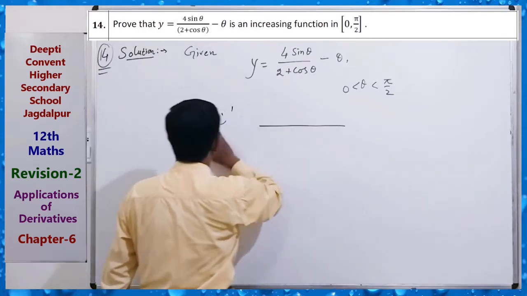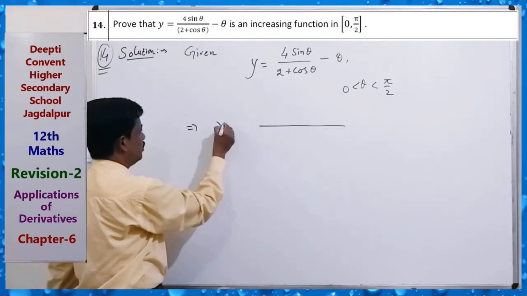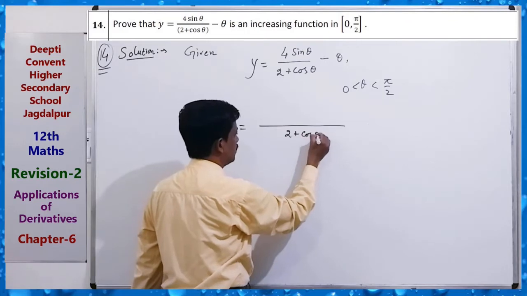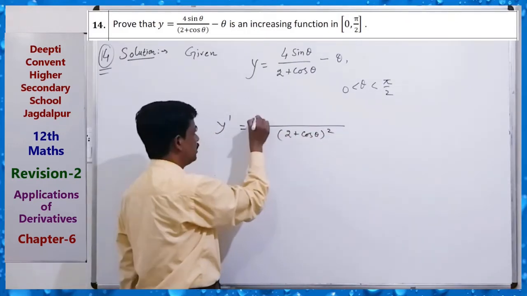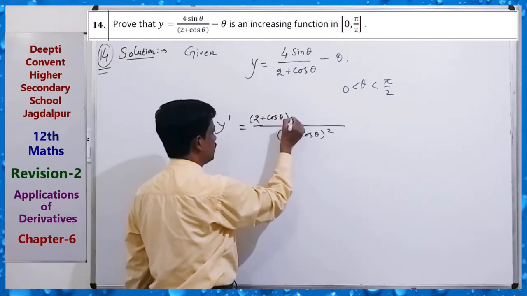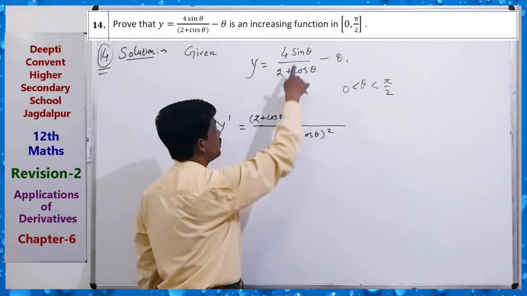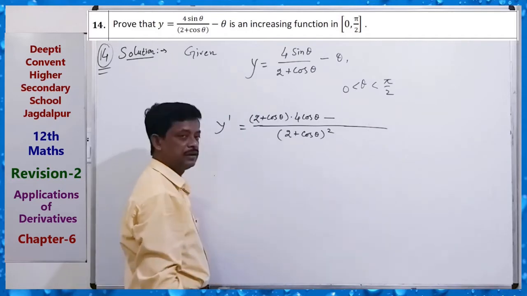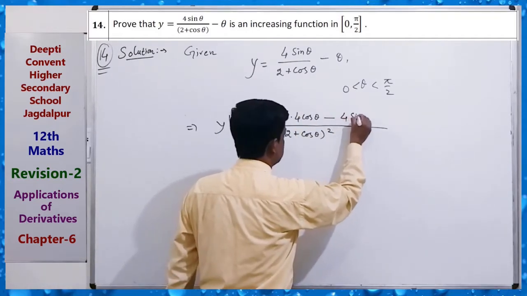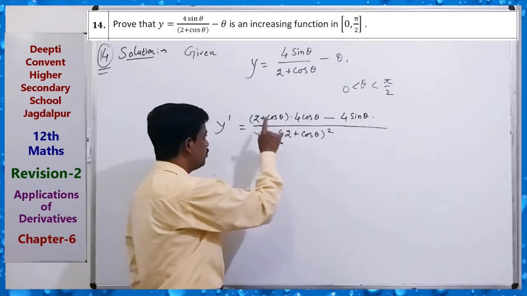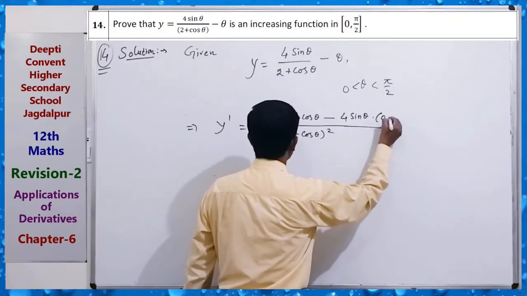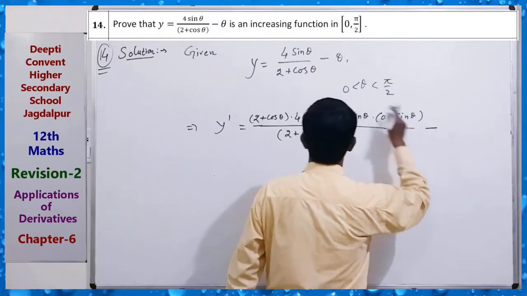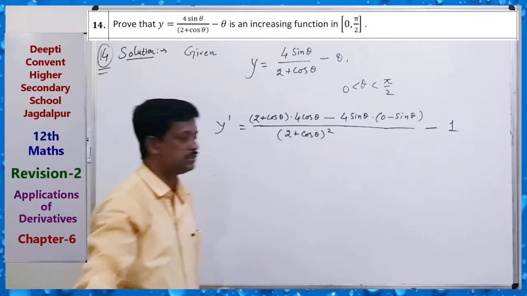We get the first part: denominator 2 plus cos theta into differentiation of numerator 4 sin theta, that is 4 cos theta, minus numerator 4 sin theta into differentiation of denominator 2 plus cos theta. 2 means 0, cos theta means minus sin theta, minus 1. This is the derivative, all over denominator square.